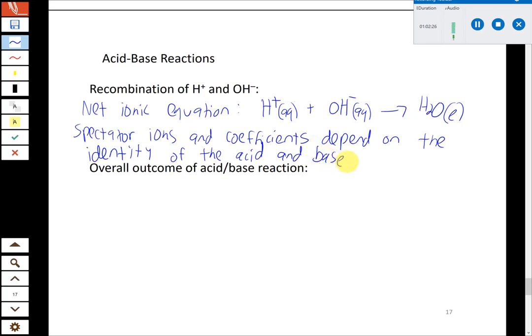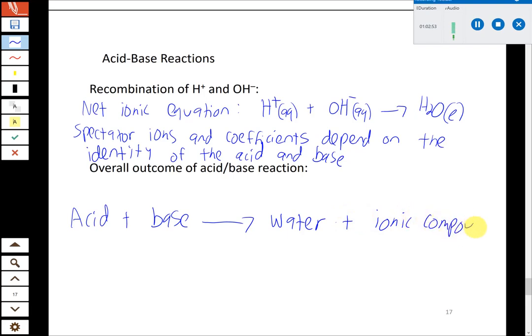But the basic form of an acid-base reaction is going to be your reactants are the acid and the base. And then the products are we form water from the combination of H plus and OH minus. And then the ions that are left behind, the anion from the acid and the cation from the base, they combine to form an ionic compound. So your other product is going to be an ionic compound of some sort.